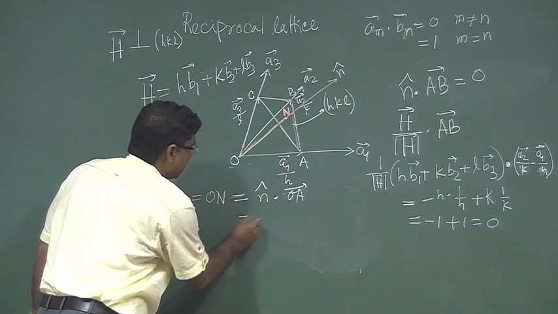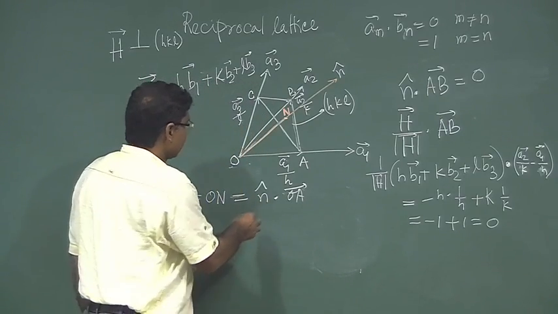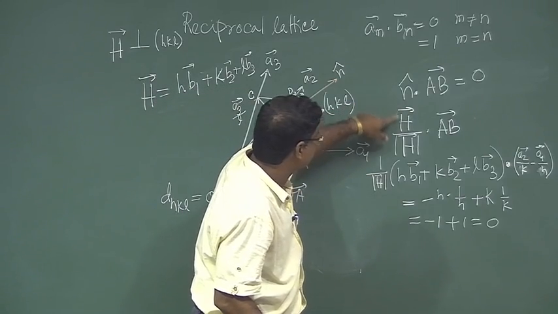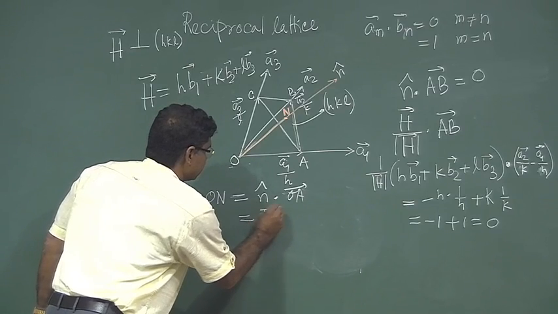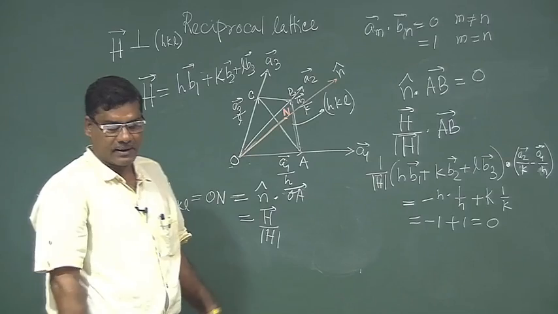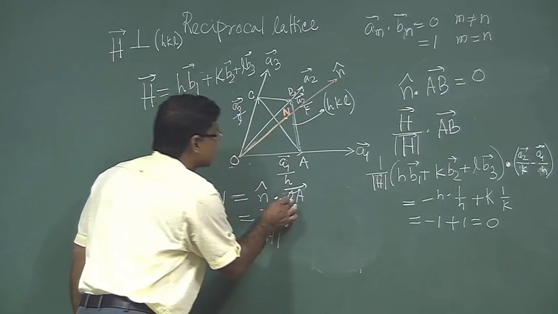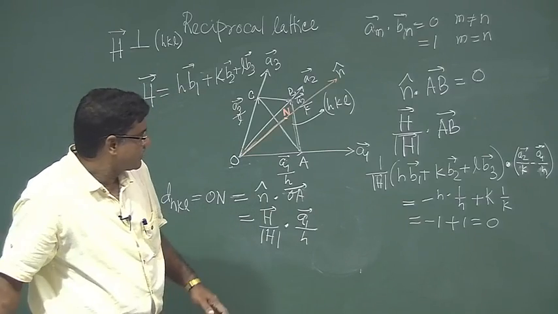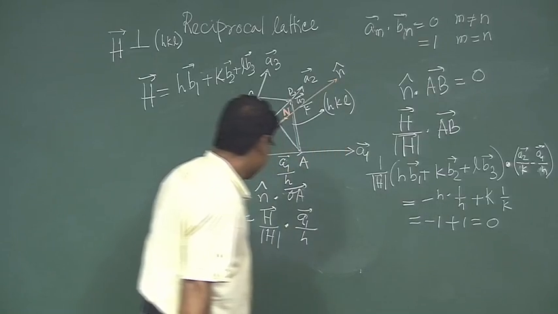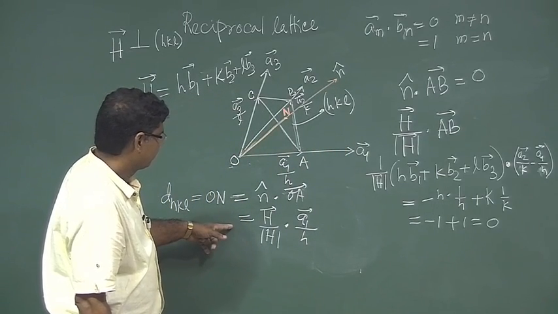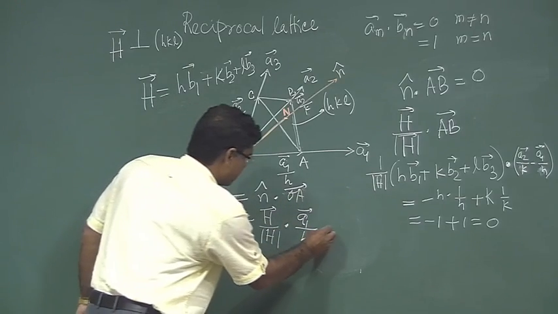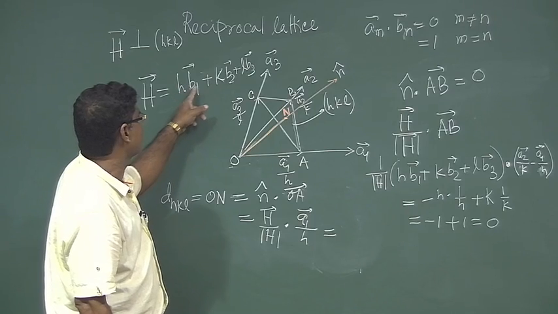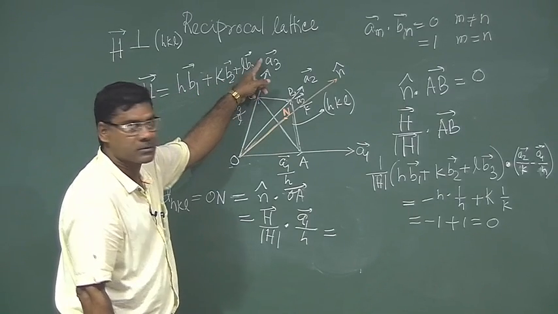So you can replace this N with H by H magnitude, and OA is A1 by H. So this H vector is basically H B1 plus K B2 plus L B3 dot A1.